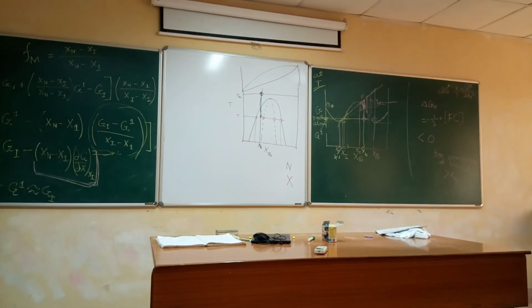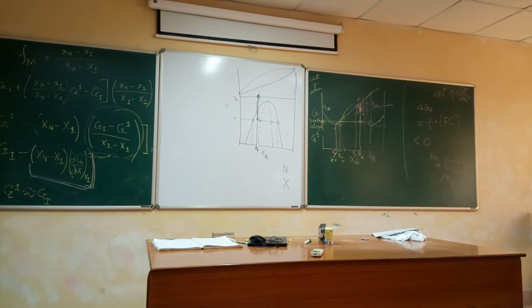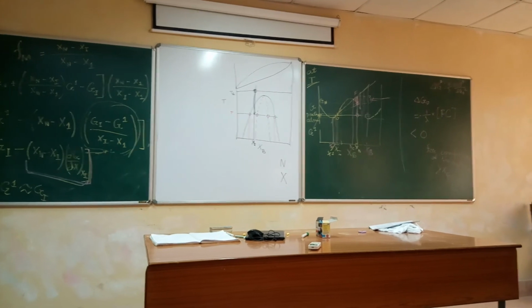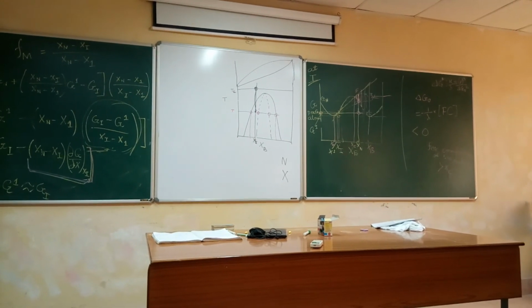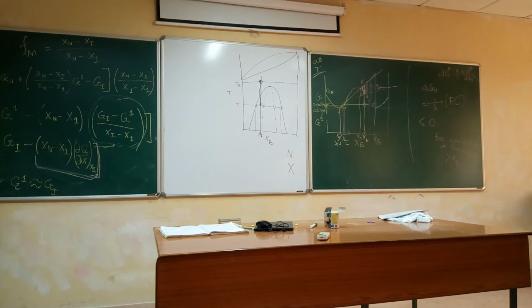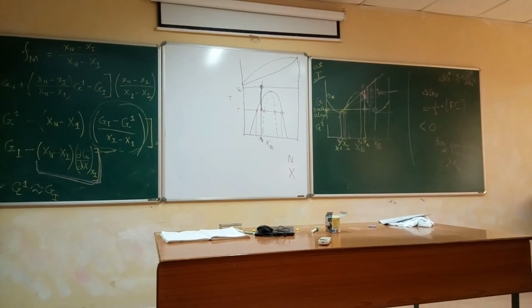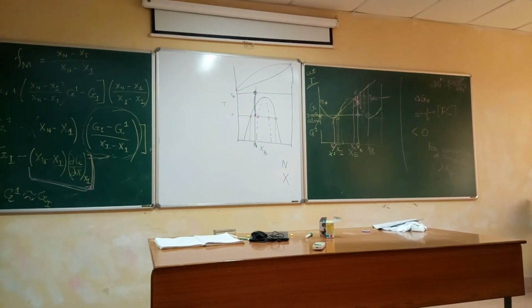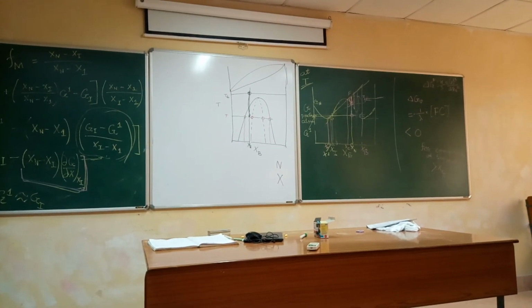If your embryo composition is below XC, delta GV is positive, it can never form. If it is above XC, then it can form. The highest probability of formation is at X beta. However, gamma also comes into the picture.